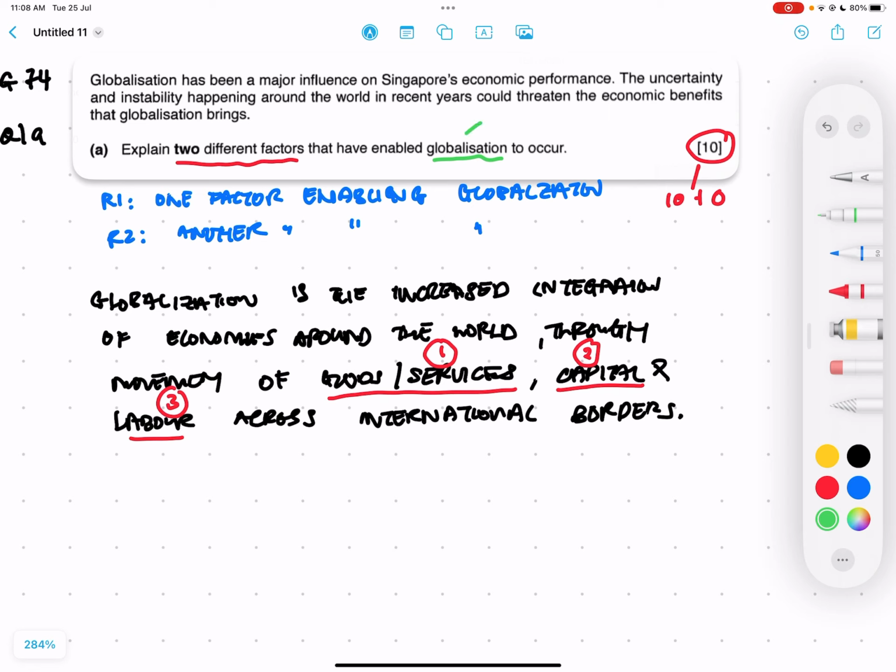Just make a note: the three facets are goods and services, capital or FDI, and labor. You must talk about these three facets whenever a question asks you for globalization.